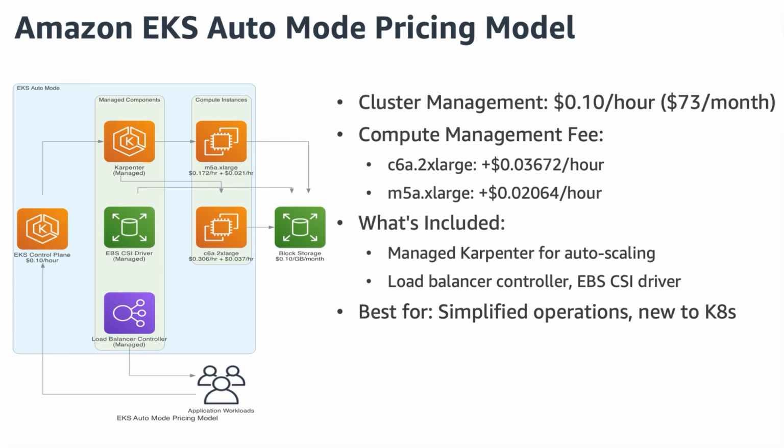This deployment model is ideal for teams new to Kubernetes or organizations that prioritize operational simplicity over cost optimization. While it's more expensive than traditional EKS, the reduced operational overhead can justify the additional cost for many use cases.